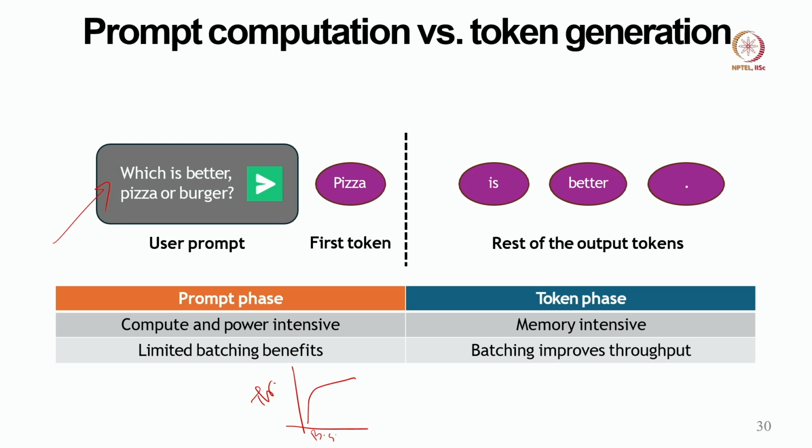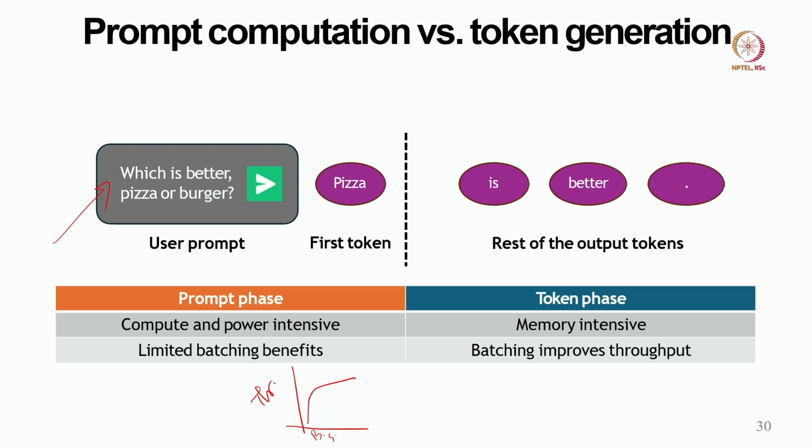That means since prefill is compute intensive, even if we club more requests in one batch, we might not get higher performance because prefill is already compute intensive. If the batch size is more, our GPU will end up oversubscribing, and the end result will be not so high throughput, right. So, limited batching benefits during prefill.